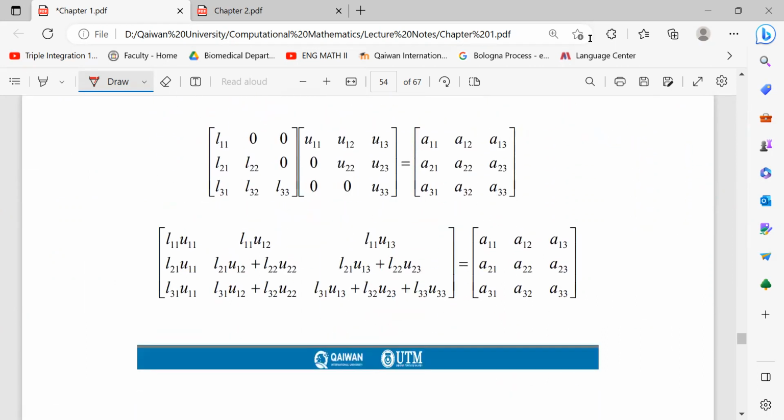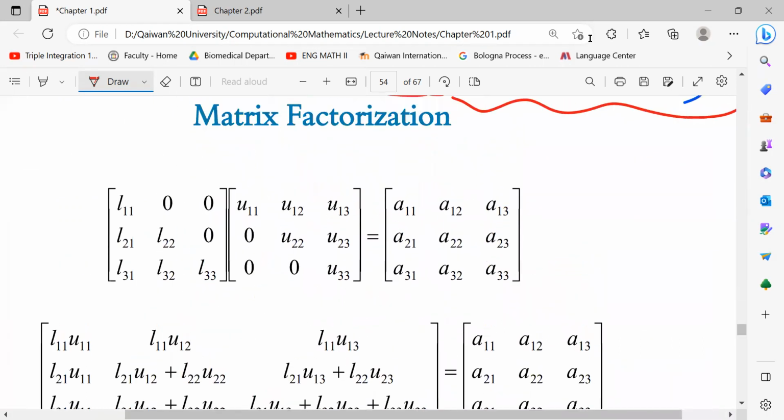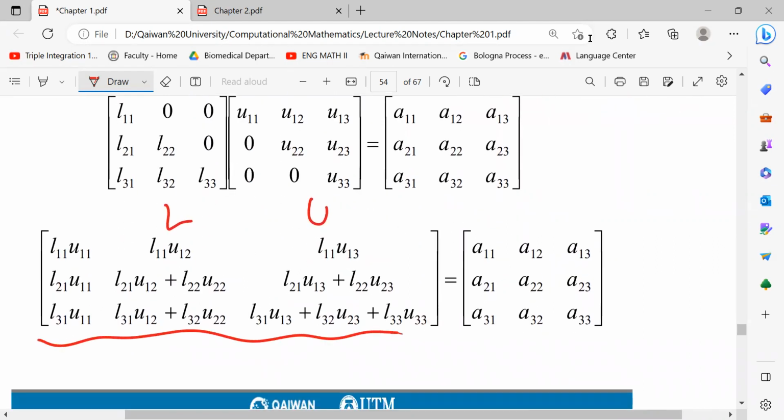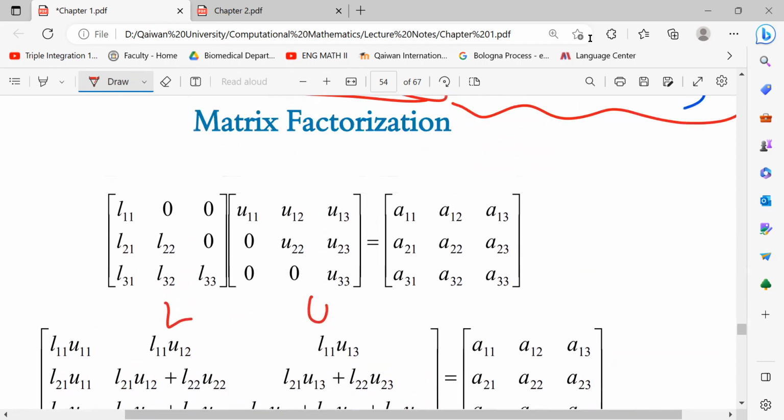Now, in the multiplication of L with U, this is L and this is U. The multiplication of these two matrices is this matrix. Okay? Look, multiplying this row by this column, we get this element.